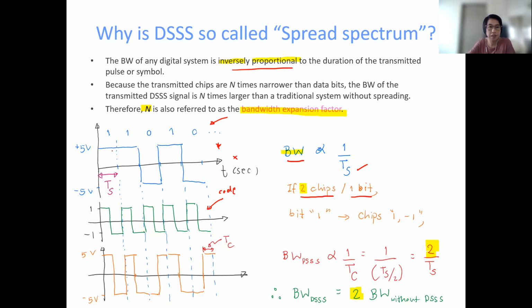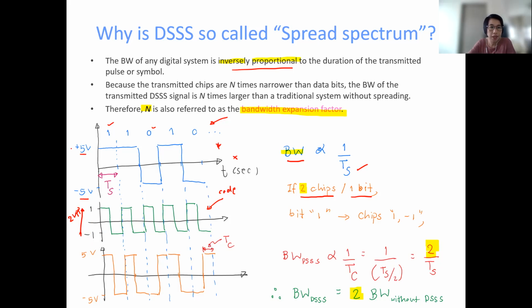You can see easily here that this is the voltage of the signal: 5 volt represents bit 1 and minus 5 volt represents bit 0. Your data sequence will be 1, 1, 0, 1, 0, right? And you apply the code, which is 2 volt peak to peak. 2 volt peak to peak means that from the maximum to the minimum value, the difference is 2 volt.